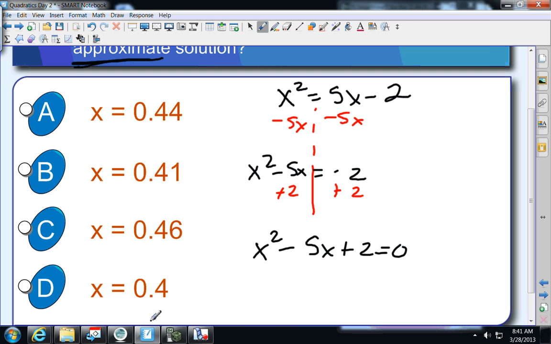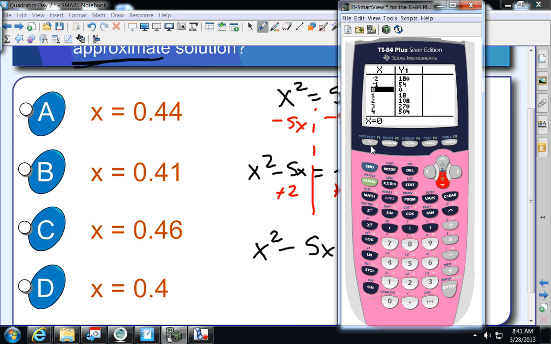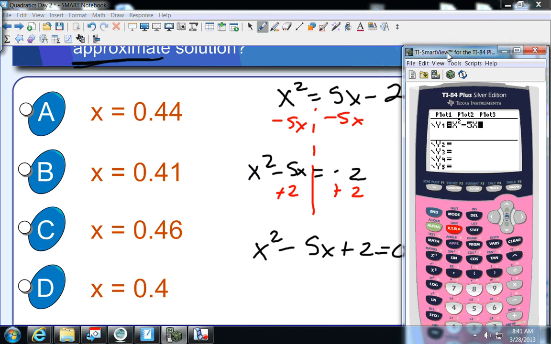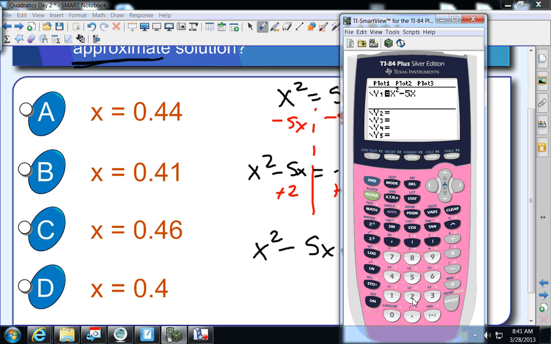Okay, it wants us to use the calculator, so we'll go to y equals and put in x squared minus 5x plus 2. Now let's press graph. Well, if I look here, 1, 2, 3, 4, this one is between 4 and 5.